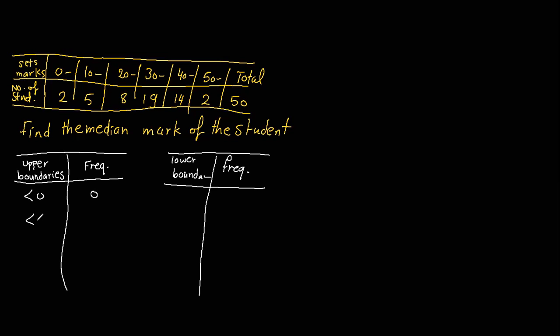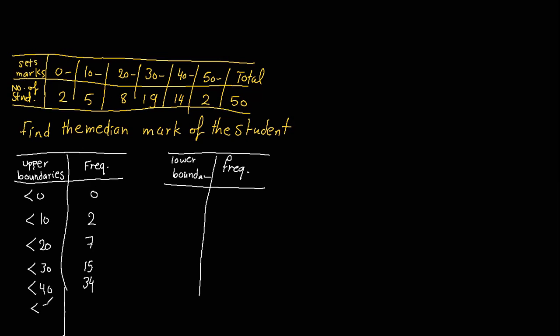And the value less than 10 will take this value, 2. The value less than 20, we add the previous value, 2 plus 5, it will be 7. The value less than 30 will be the sum of 2, 5, and 8, it will be 15. Less than 40, the sum will be 34.